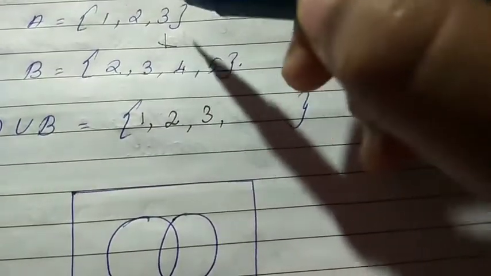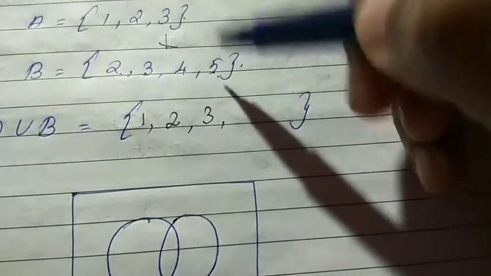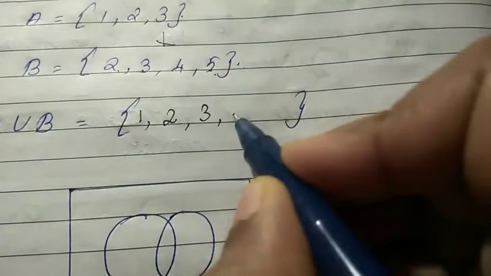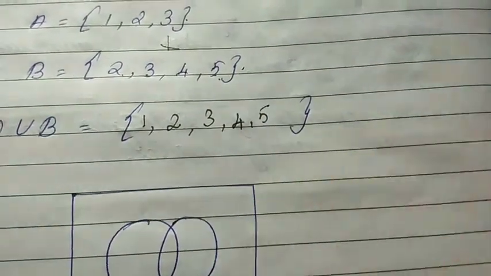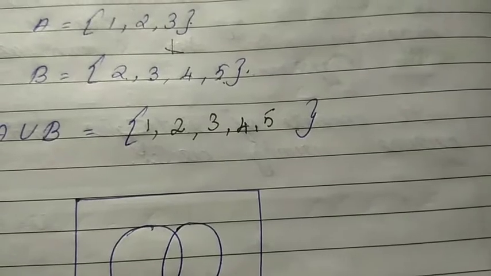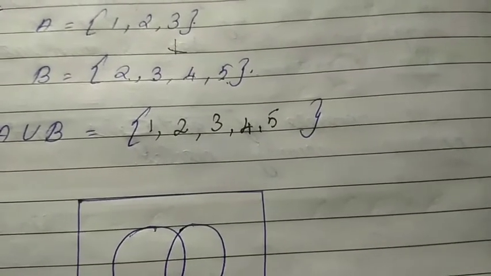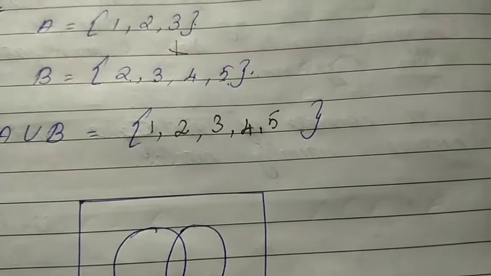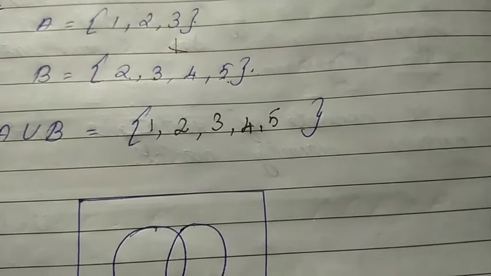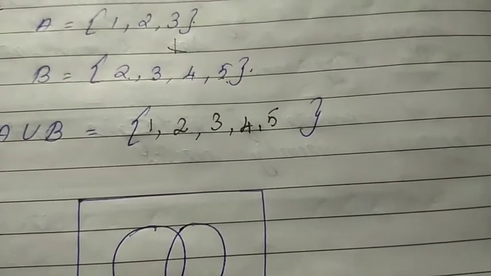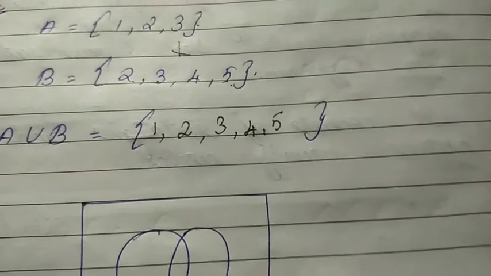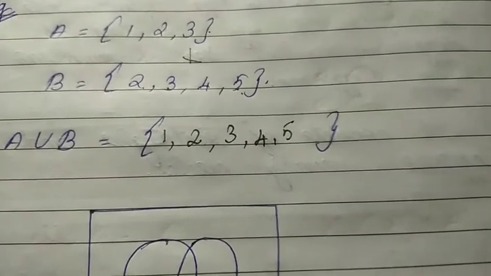Now I have 4 here, I don't have it there, and 5 also, so I will write 4 and 5. So in union of sets, you're just joining those two sets, but we will not be writing the common elements twice. Only once we will be taking. So that is union of sets.